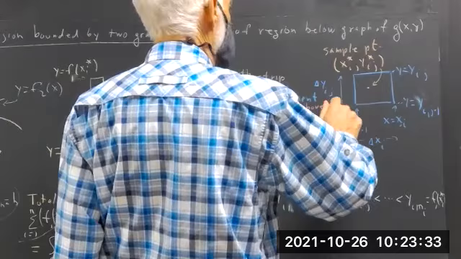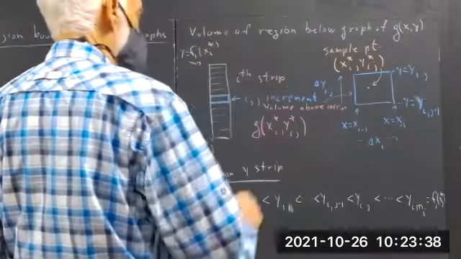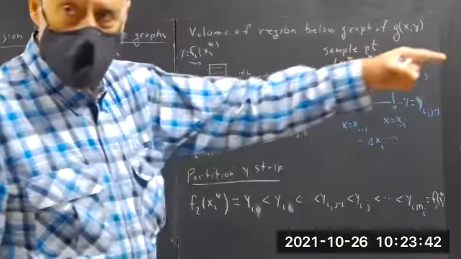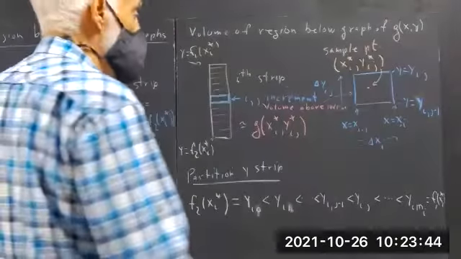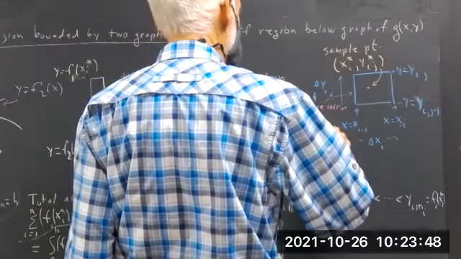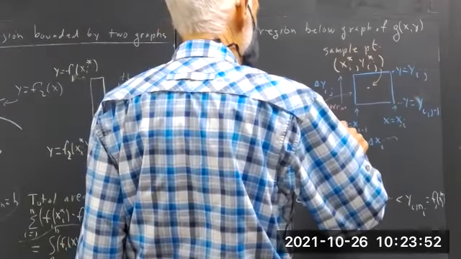I want to write the word increment, say the volume above this increment is then going to be approximately the altitude, which is your g value, times your delta x i, delta y i j.